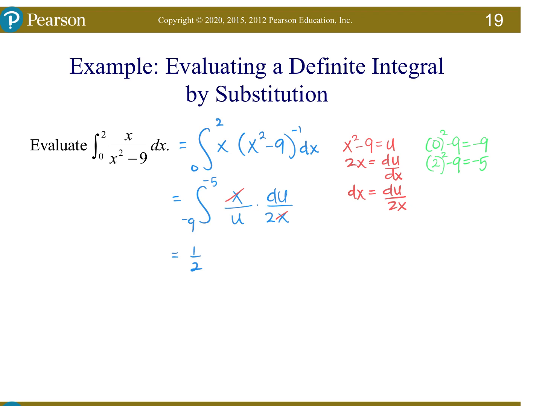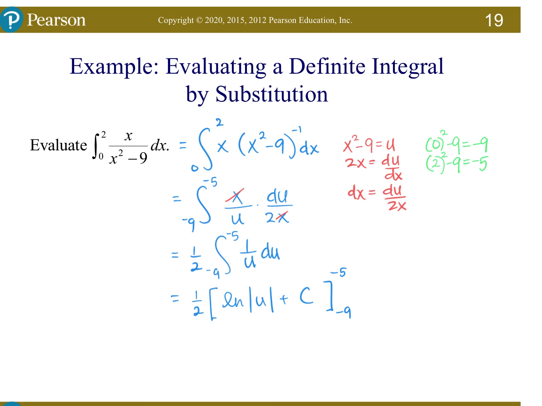So that leaves me with negative 9 to negative 5, 1 over u du, which we're really familiar with as an antiderivative now. So 1/2 bracket natural log absolute value of u going from negative 9 to negative 5.